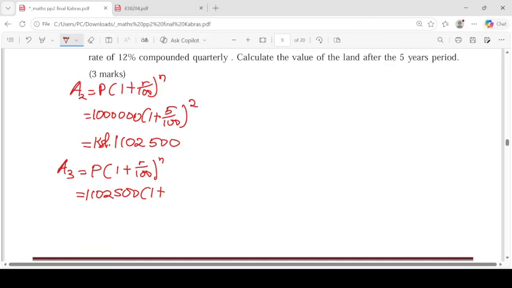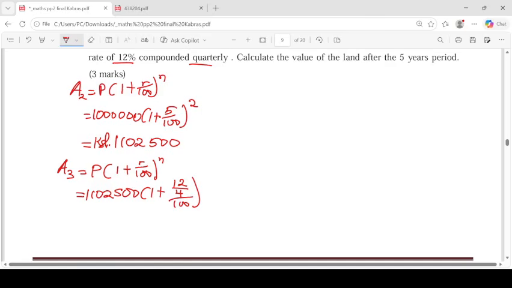But remember, this rate is being done quarterly, so you divide the rate by 4, so that is 12 divided by 4 over 100.